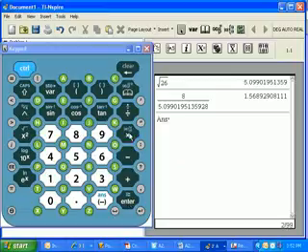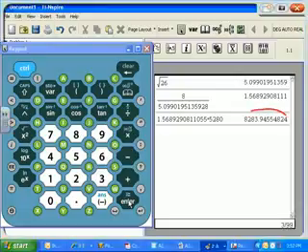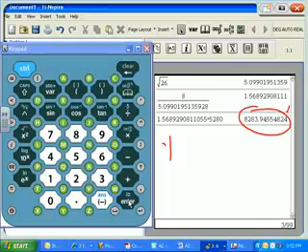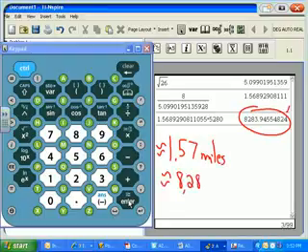So we want to multiply that by 5,280. And here's our elevation gain in feet. Approximately 1.57 miles, and that's approximately 8,283.95 feet.